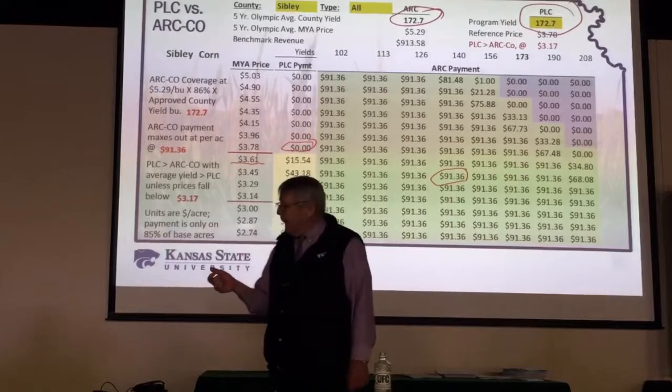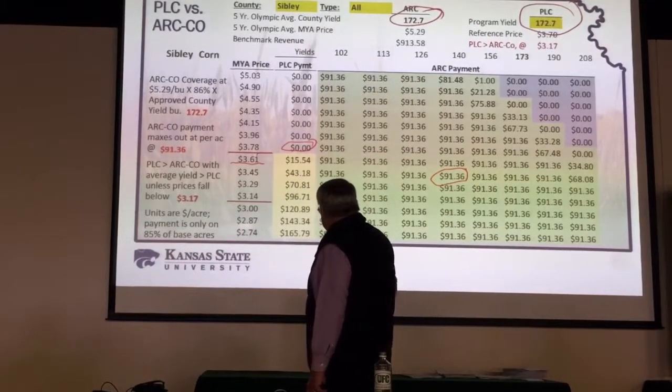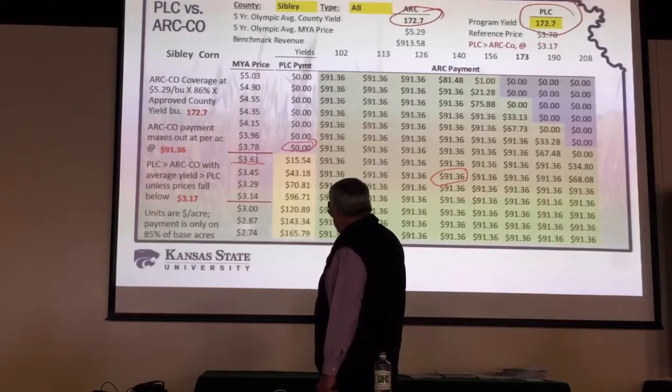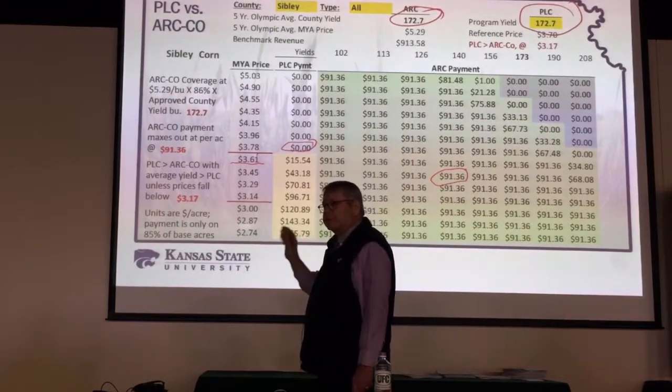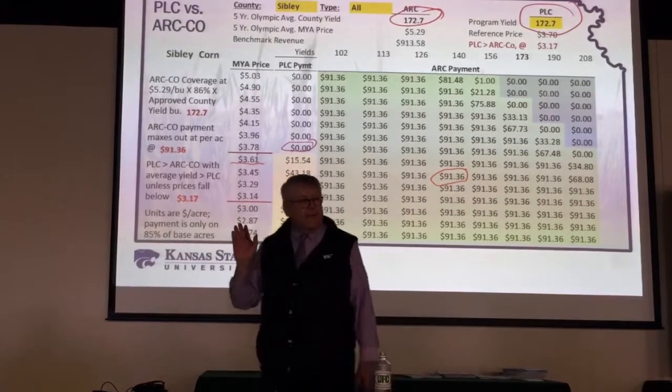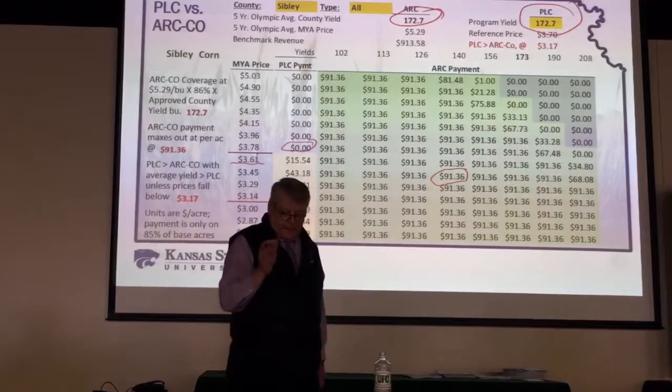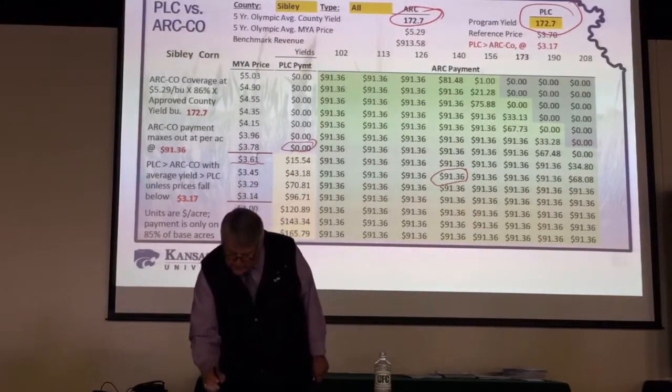Okay? Now, in the case at 316, at that point PLC starts to pay, but it's not enough for it to just pay. It has to pay enough more that it pays more than the ARC County, before you prefer that program. And you'll notice a couple things are going on here.